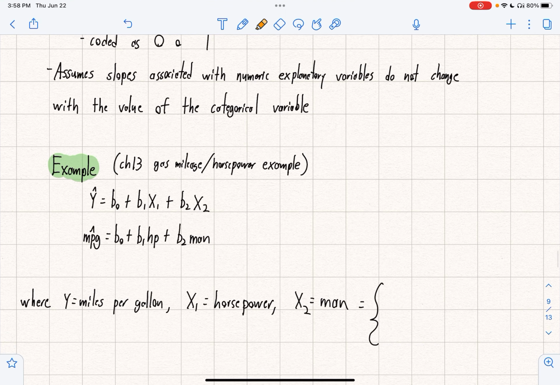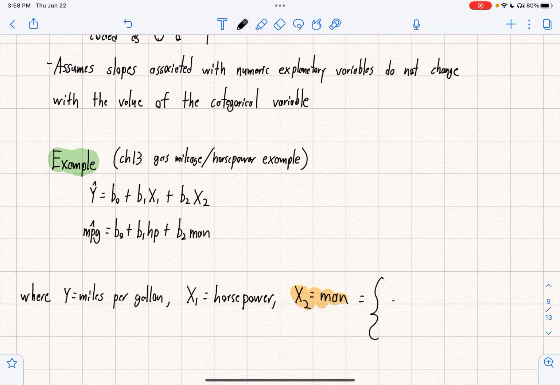So just defining these, y, again, is miles per gallon. That's our response variable. Our first explanatory variable, x1, is horsepower. And now x2 is something called man, which I'm just abbreviating for manual transmission. So let's say it is equal to 0 if automatic transmission and let's say it's equal to 1 if manual transmission.